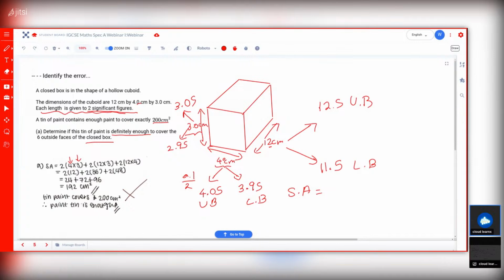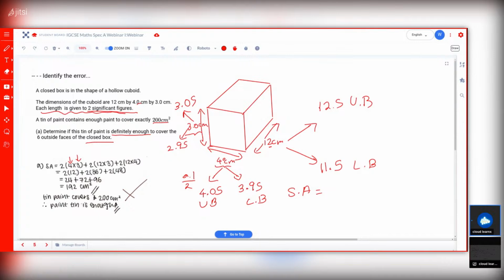So for that, you would consider the largest possible box, because that could be the worst case scenario, right? Largest possible, and see if the tin of paint is sufficient.